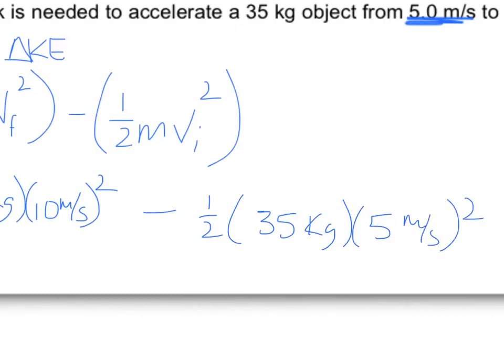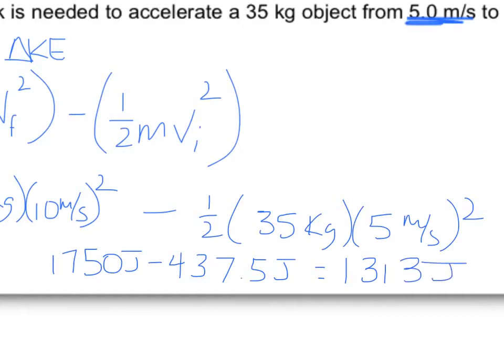When you do that, you get 1750 as your final energy, 437.5 as your initial energy, and the change then was 1,313 joules, going from 5 to 10 meters per second.